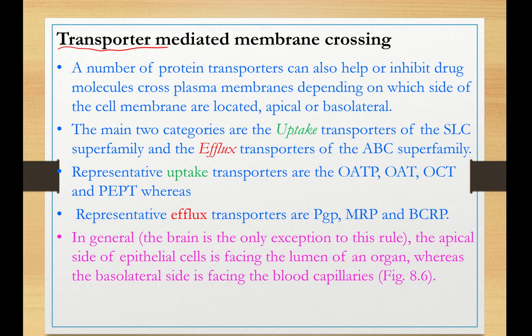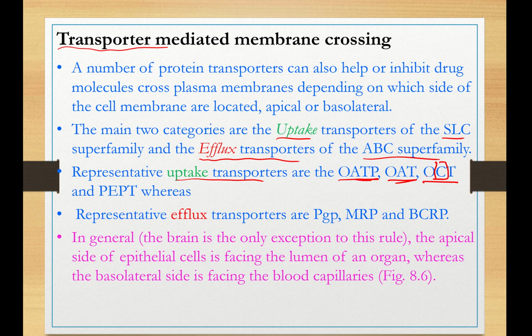The first one is called uptake transporters, and they belong to the SLC category, which I believe is called the solute carrier transporters superfamily. And the second category are efflux transporters, and that's the ABC superfamily, the ATP binding cassette superfamily. Some of the uptake transporters are organic anion, as it says there, OATP, organic anion, and organic cation.